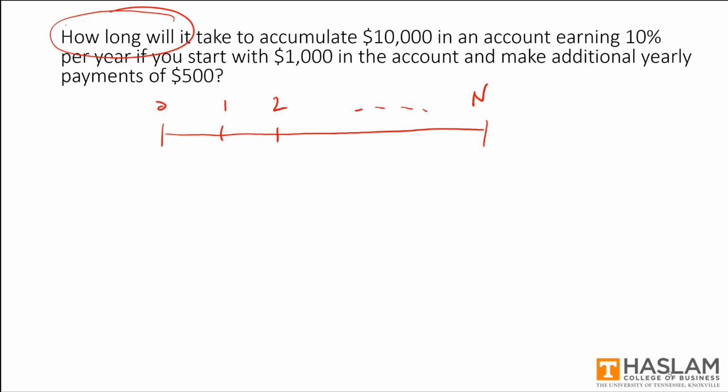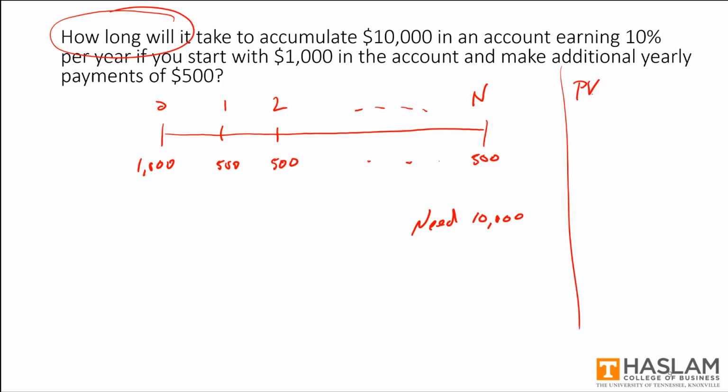Okay, but we do know that there's going to be an initial deposit of $1,000 and additional yearly deposits of $500. And then we're going to need $10,000 in the end.